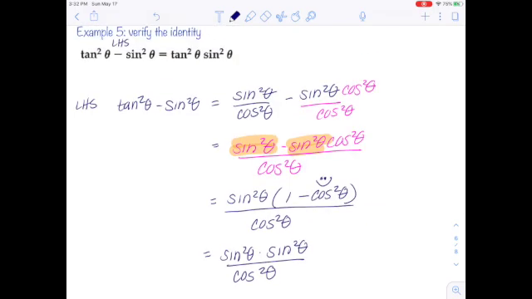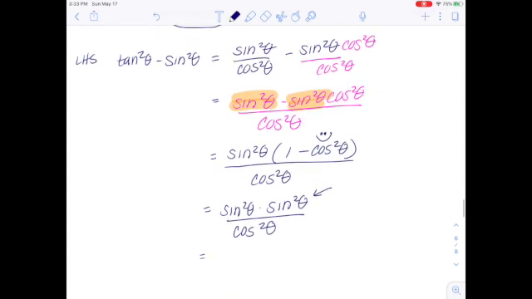So we've got sine squared theta times sine squared theta over cosine squared theta. All right, now what am I trying to do here? I could combine that into sine to the fourth, but is that really helping me prove the right-hand side? Not really. Agreed? So what do we need? We need a tangent squared of theta, and I already have a sine squared of theta right here. So break this up.